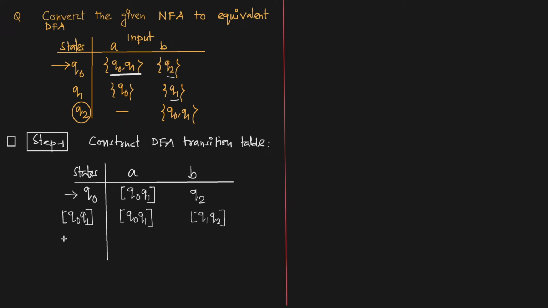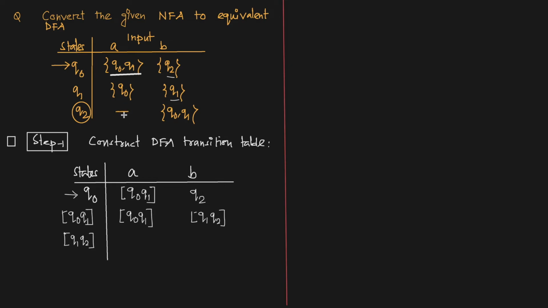We write it in the present state column. So Q1 Q2 on A: Q1 corresponds to Q0 and Q2 corresponds to no transition, that is phi.